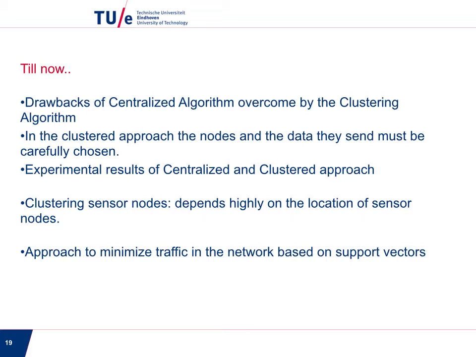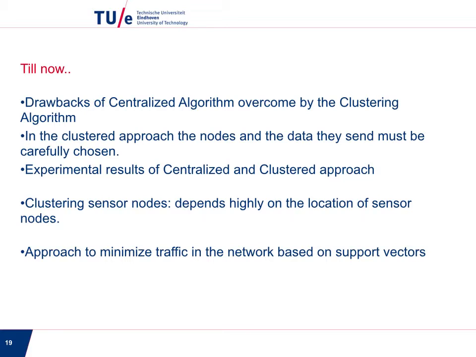Clustering sensor nodes in this case depends quite highly on the location of the sensor nodes itself, and k-means and DBSCAN both performed equally well for the current data set, but this might differ with some other data set, obviously.